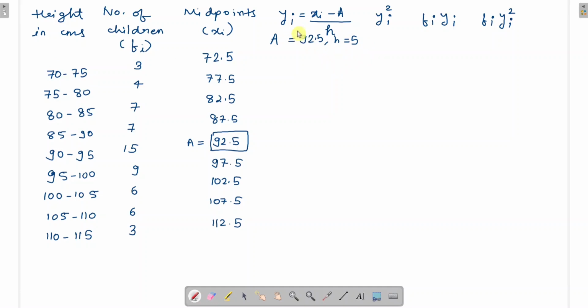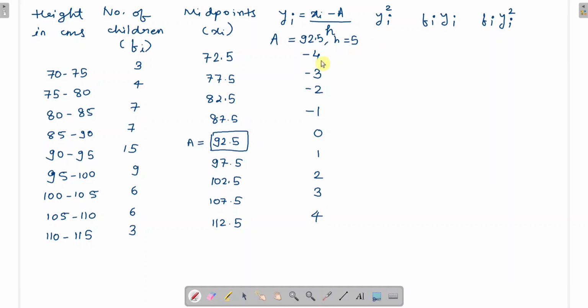Now if we calculate yi, 72.5 minus 92.5 divided by 5, that will be minus 20 divided by 5, which is minus 4. Then here we'll get minus 3, minus 2, minus 1, 0, 1, 2, 3, 4.